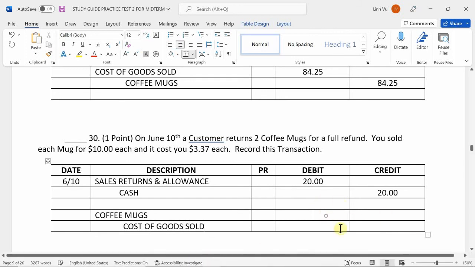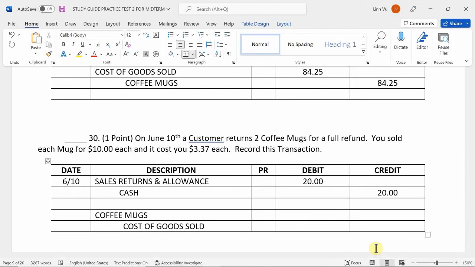So if each coffee mug costs you $3.37, $3.37 times 2 will give you $6.74.